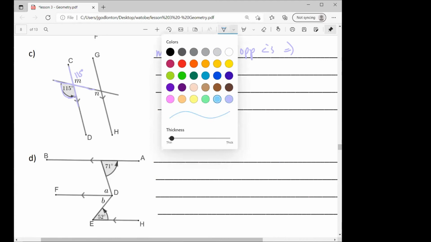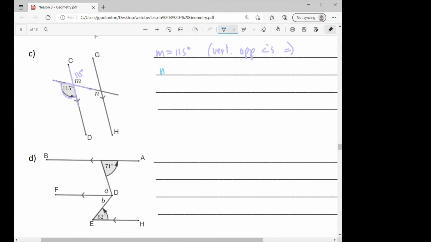Can you tell me your reason for that? So N is 115. What's my reason? The two different reasons you could use. Corresponding. Okay, so if I used corresponding, it's because I'm looking at this F here, so that angle is equal to that one. And then I'd say corresponding angles when CD is parallel to GH.